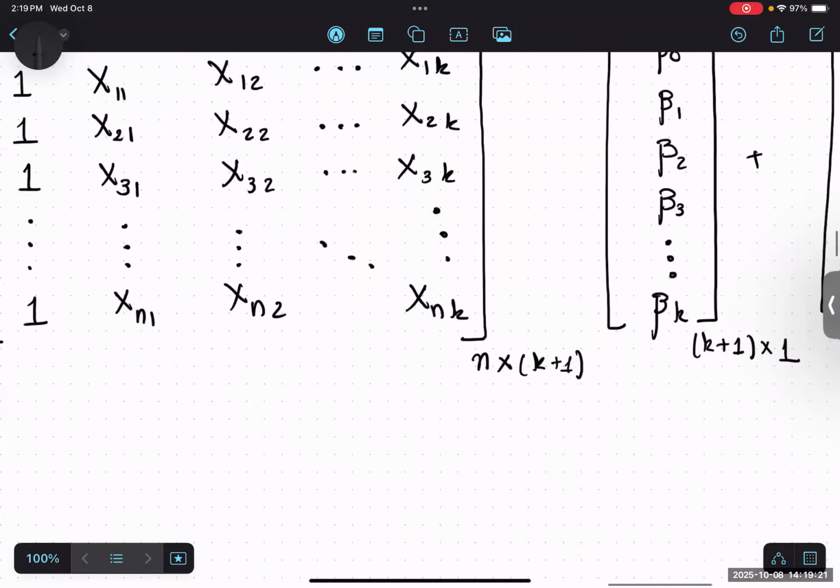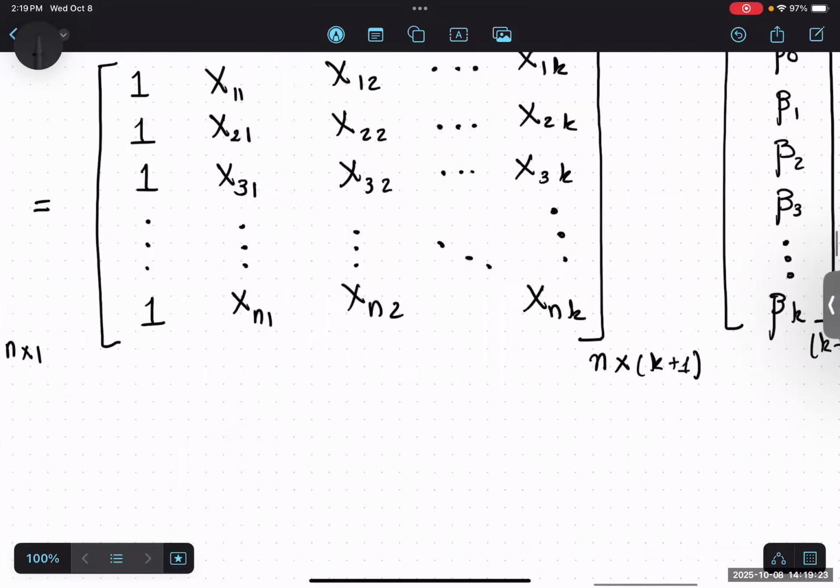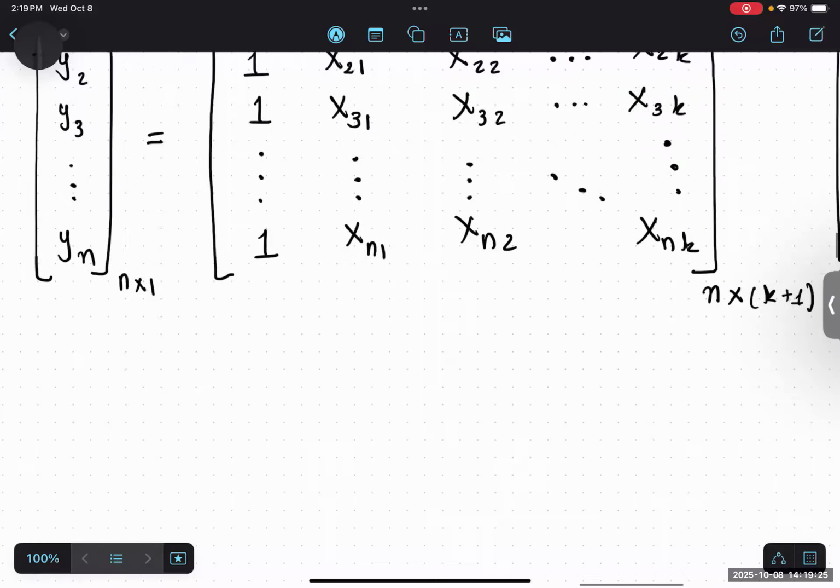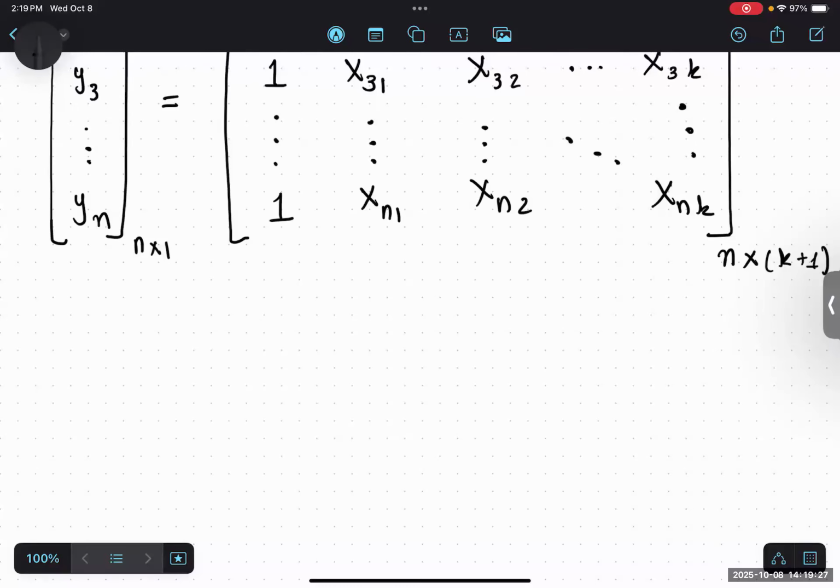Now, if you compact all this information, because that's everything you have, right? If you compact this information in matrix notation, well, the first one is my vector of the dependent variable y. And this y vector has dimensions n times 1.